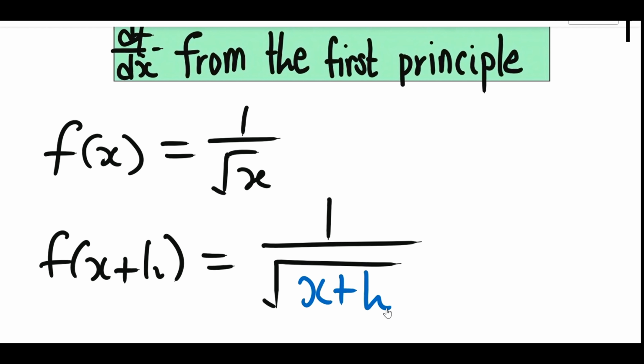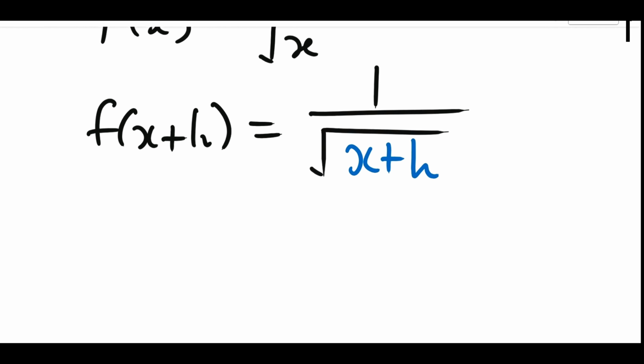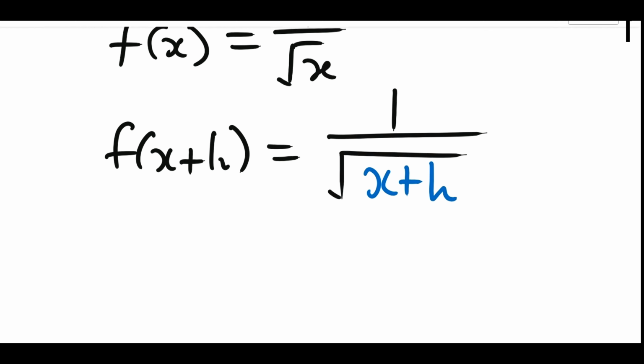All right. So let us now state the formula for finding the derivative of a function from the first principle. Since we are to differentiate the function f with respect to x, we can say let y be equal to f of x.